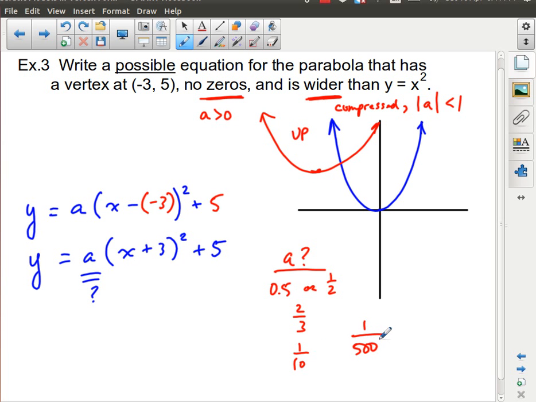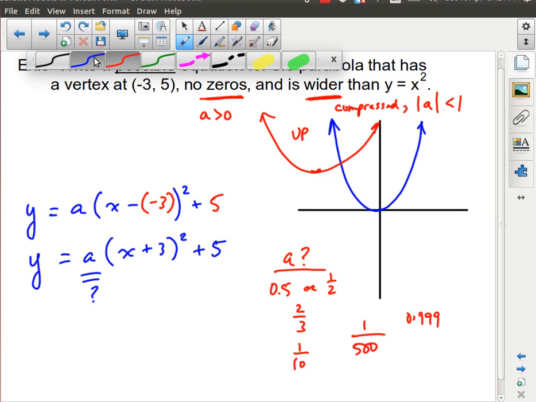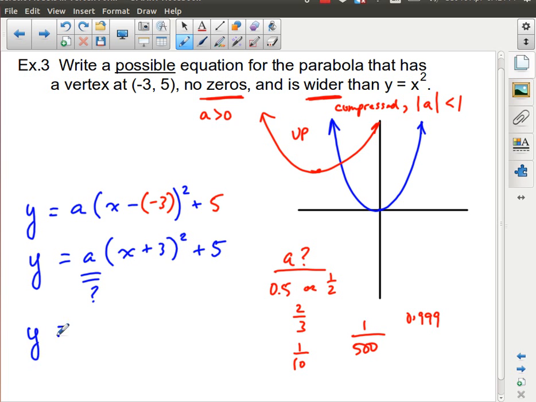Any of those would be fine. 0.999 would be fine, so long as it's positive, but it's less than 1. So I'm just going to go with our standard 1/2. So we end up with y equals 1/2 (x plus 3) all squared plus 5.